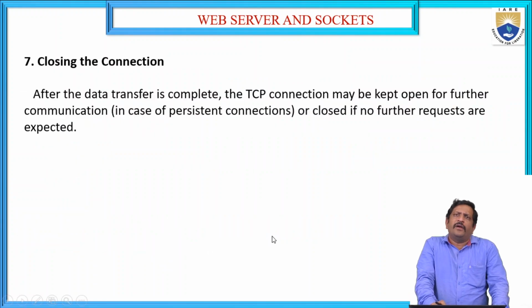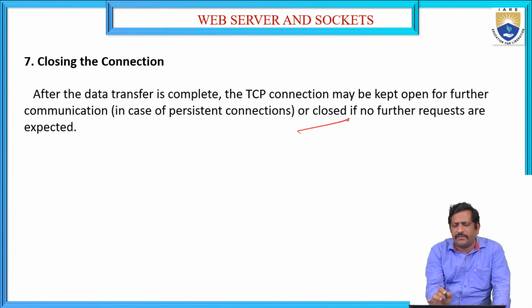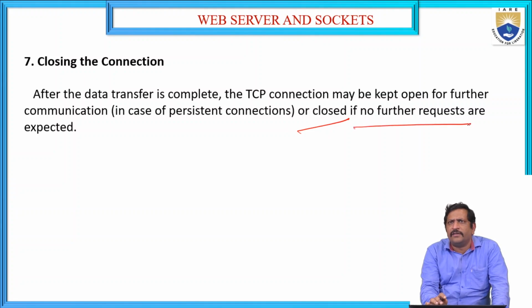Closing the connection. Once the communication is successfully completed and the data transfer is done, the TCP connection may be kept open for further communication. That means the communication is completed and we can close the connection, giving a chance to further processes.